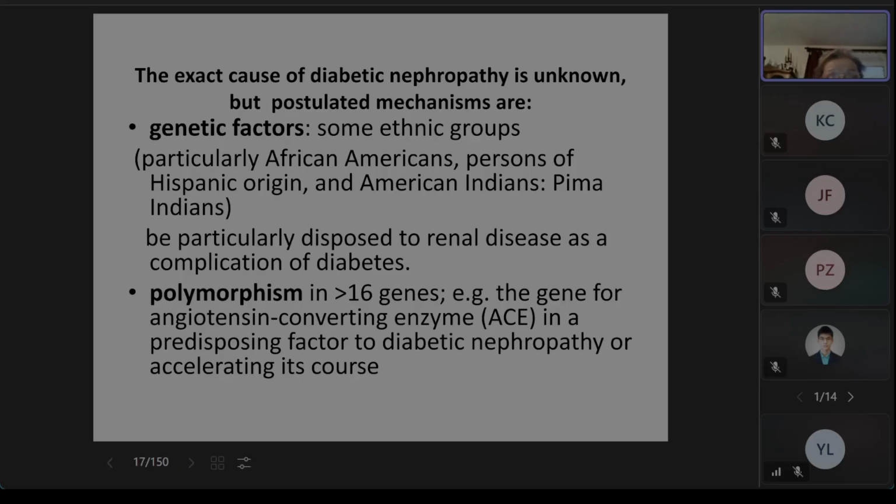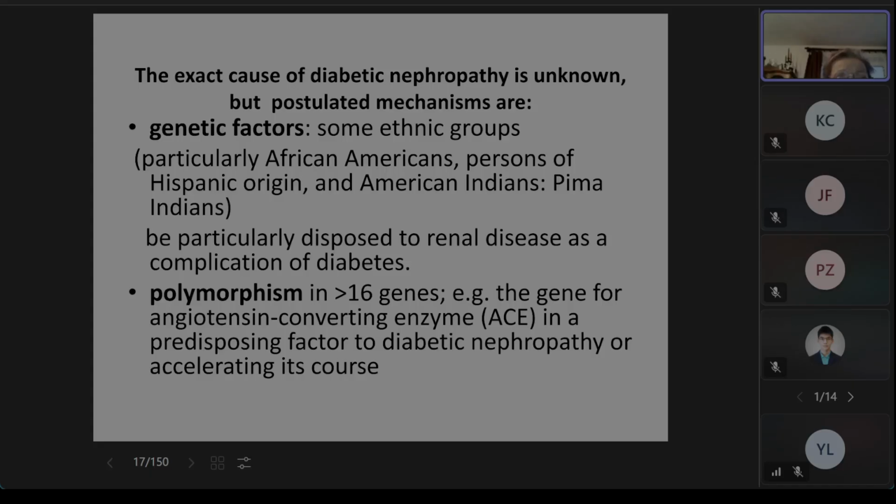Other causes which are postulated to be causes of diabetic nephropathy are connected with genetic factors. There are some ethnic groups in which we can observe a much higher percentage of diabetic nephropathy than in others.